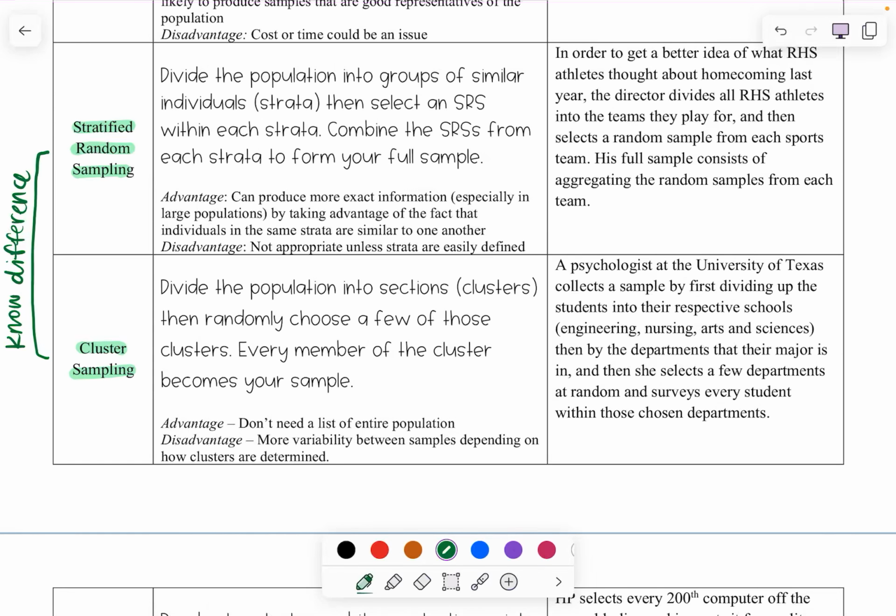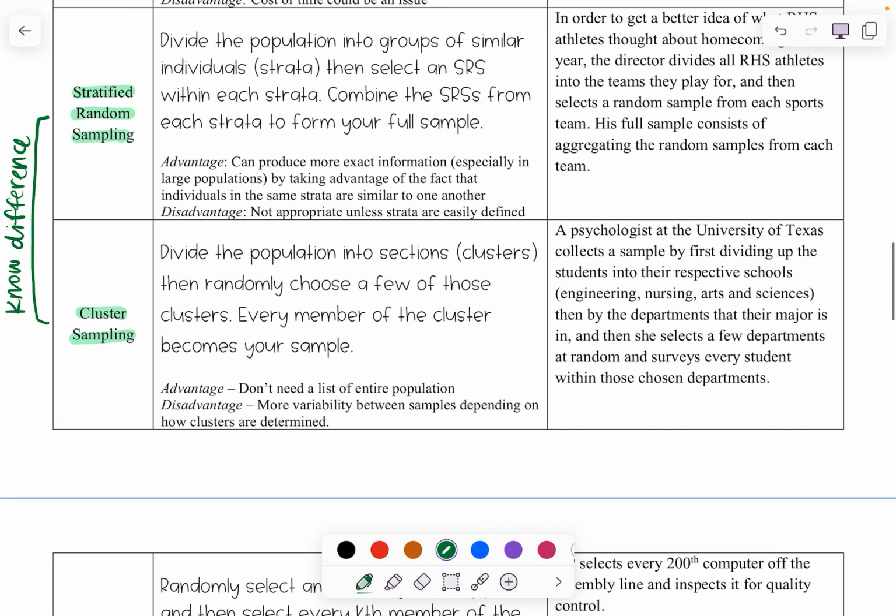And they're going to sound similar because we are going to be grouping people together, and so people get them mixed up quite often. So the difference, stratified random sampling is going to group people based on a similar criteria.